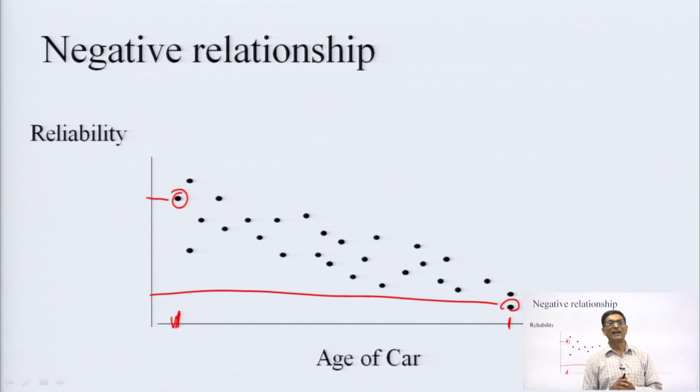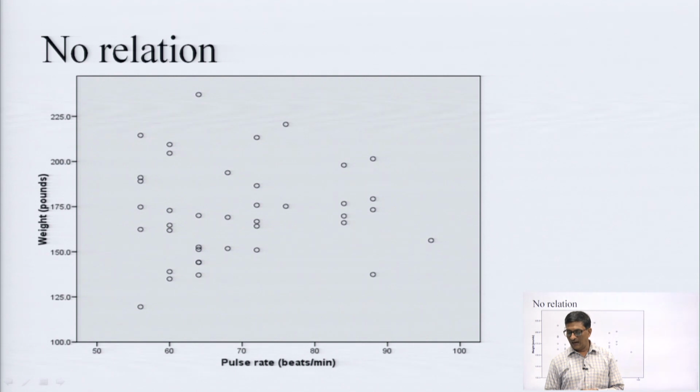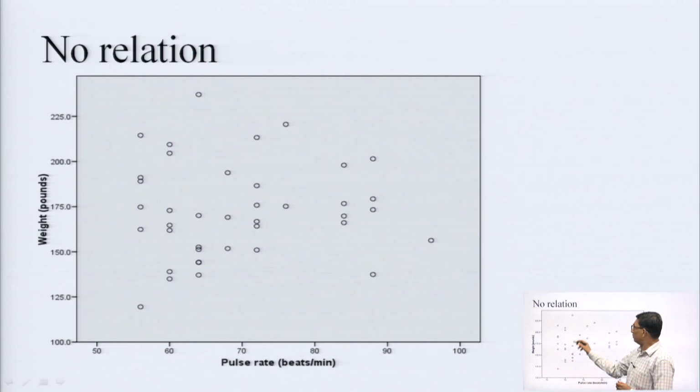So, this is the negative relationship or indirect relationship, and if we draw a best fitted line for this data, you will find that the line moves from upward to downward as we move from left to right. And if there is no pattern, either increase or decrease, then we say no relationship.